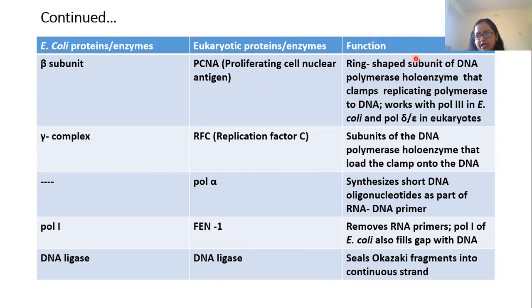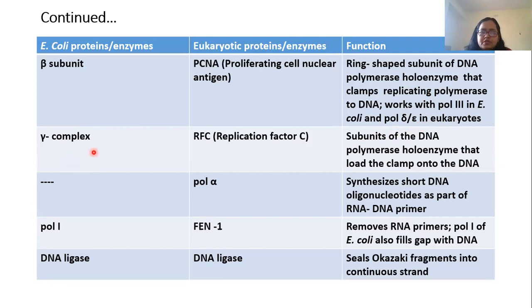Means PCNA helps that replicating polymerase delta or epsilon in case of eukaryotes to hold on to the DNA. Now its function is similar to the polymerase 3 in E. coli and polymerase delta and epsilon in case of eukaryotes.